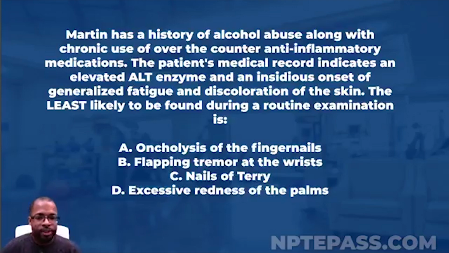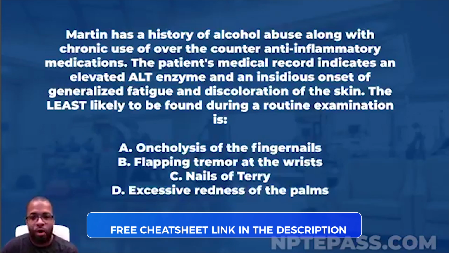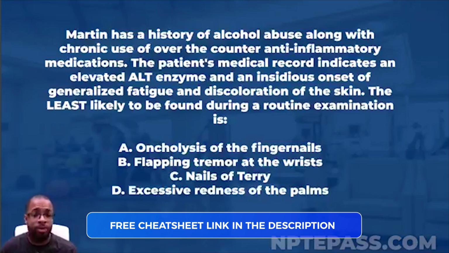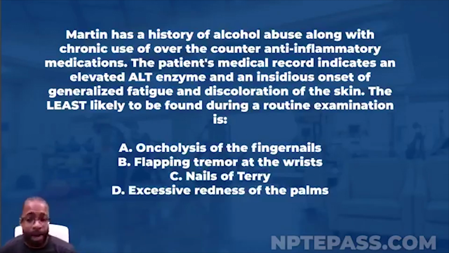Right, so for this week's Challenge Wednesday, we have Martin, and Martin has a history of alcohol abuse along with chronic use of over-the-counter anti-inflammatory medication. Now, the patient's medical record indicates an elevated ALT enzyme and an insidious onset of generalized fatigue and discoloration of the skin.